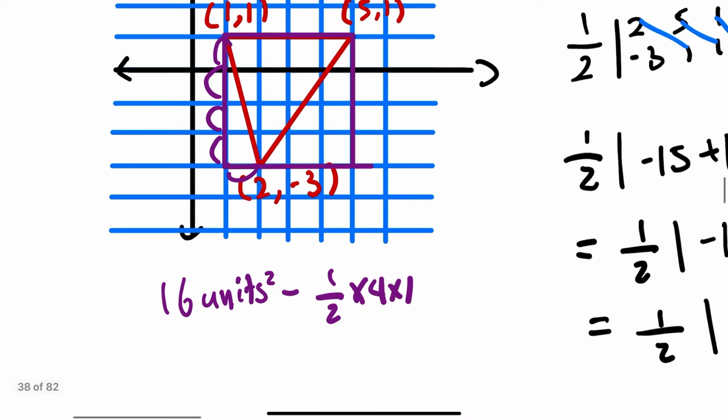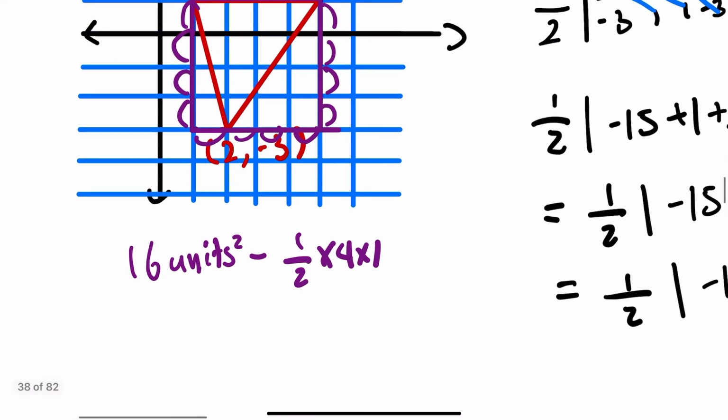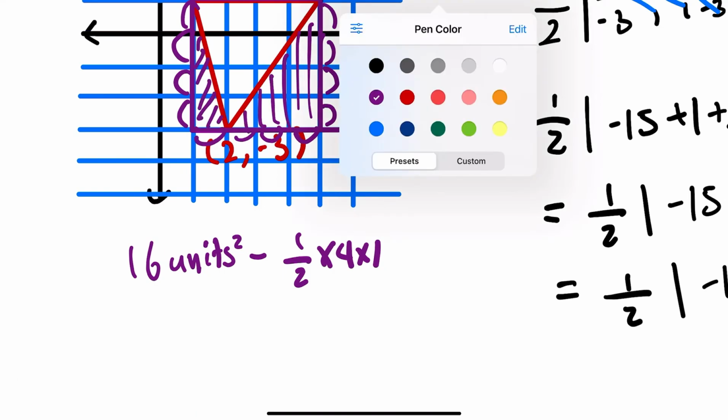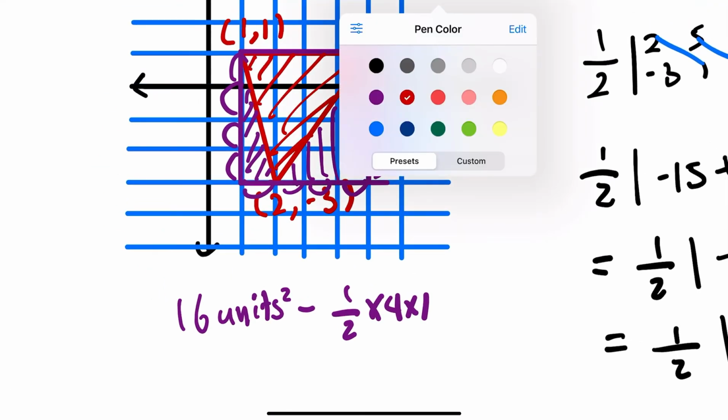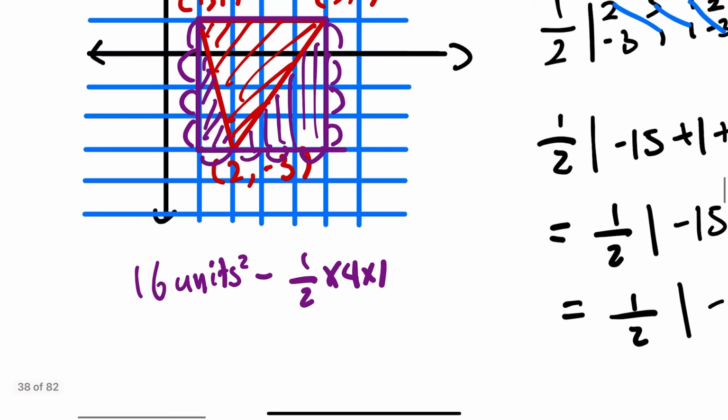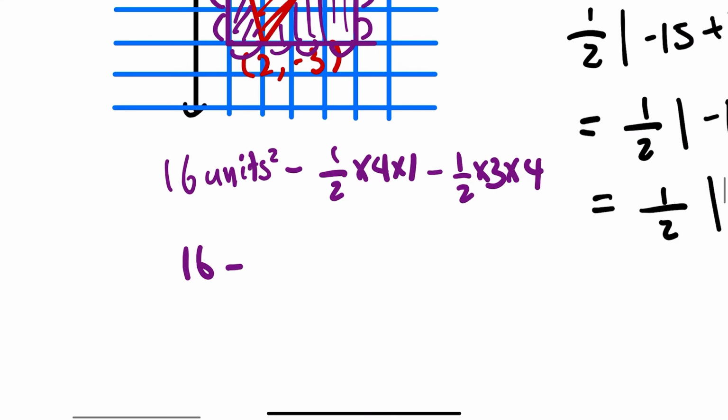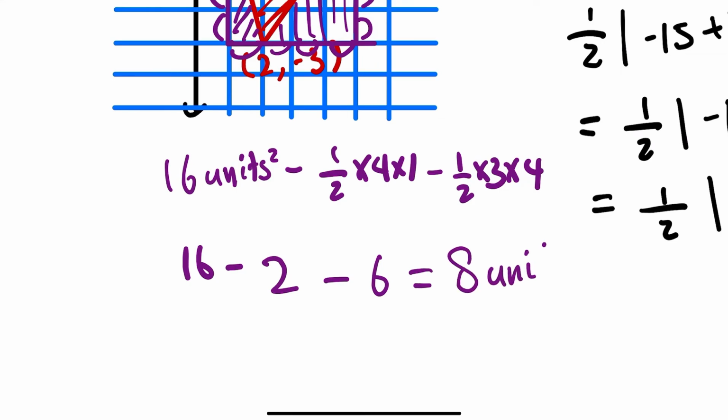We have to subtract these two triangles in order to get this red one. So the bigger triangle, we have 3. So 1 over 2 times 3 times 4. So we have 16 minus 2 minus 6, where it is 8 units squared.